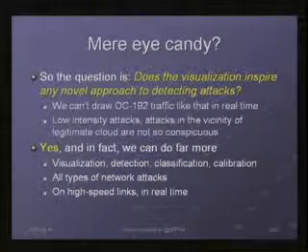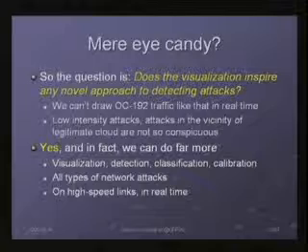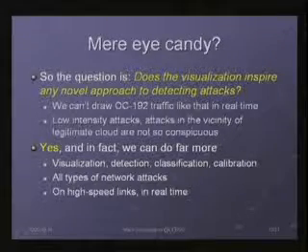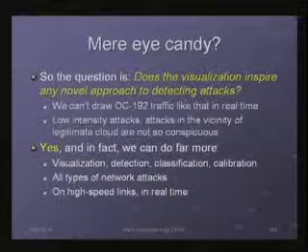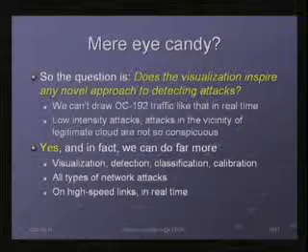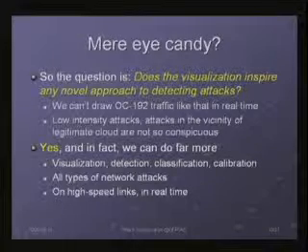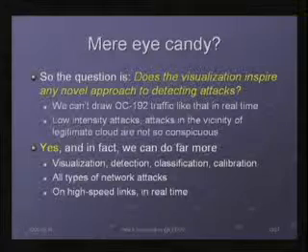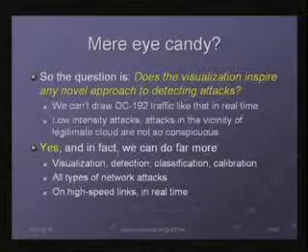So far we have seen this visualization idea. It seems to be cute, but the question here is, does that visualization method inspire any novel approach to detecting attacks? You can see that figure here after it happened, but can it draw the picture in real time?